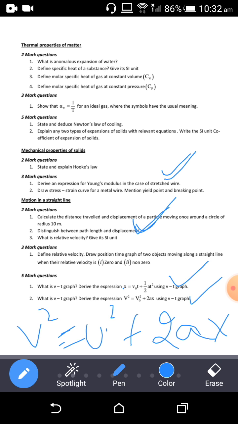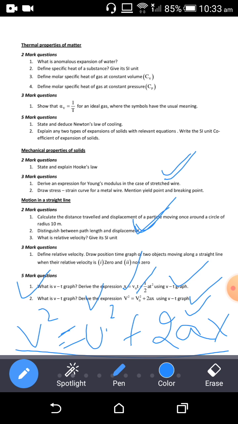So what does v denote here? v denotes final velocity, v naught denotes initial velocity, a is acceleration due to gravity, s is the displacement. Again here also it is one and the same. v is final velocity, u is initial velocity, a is acceleration due to gravity, x is the displacement.